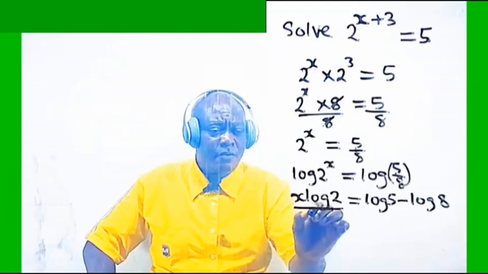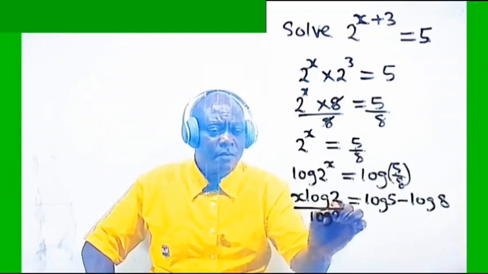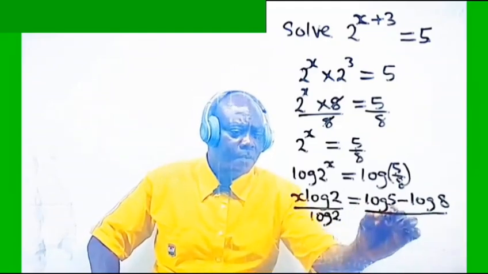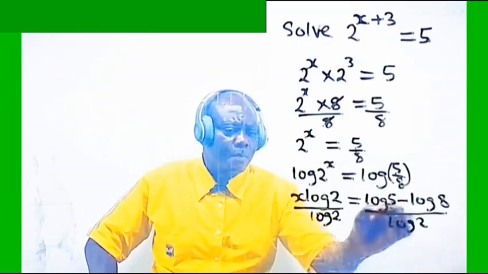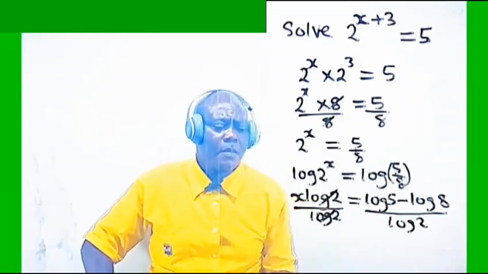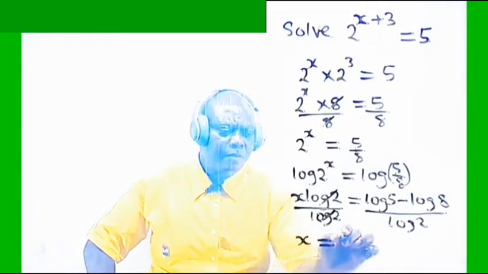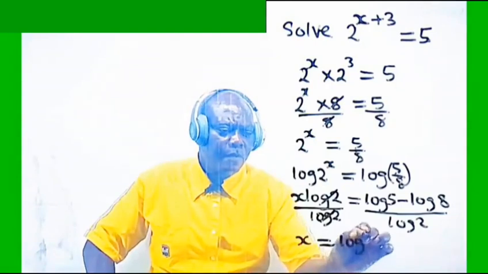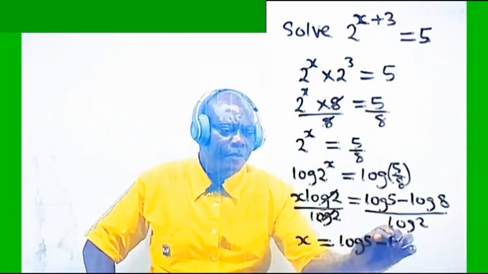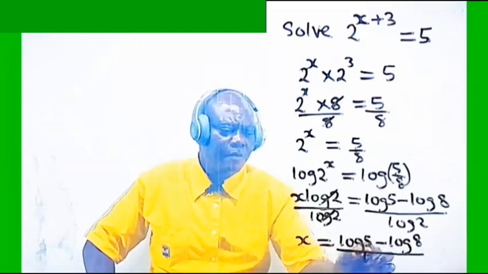So you divide both sides by log 2. So x now equals log 5 minus log 8 all over log 2.